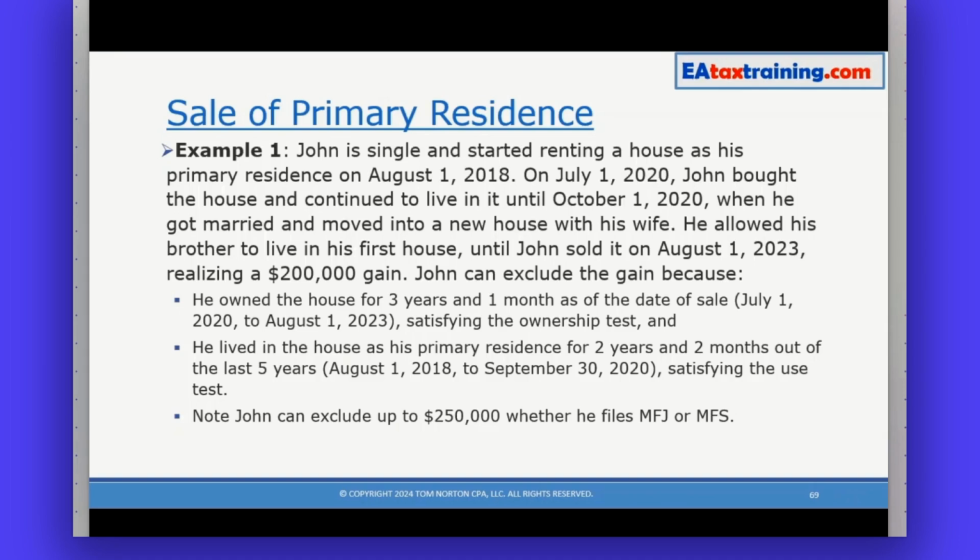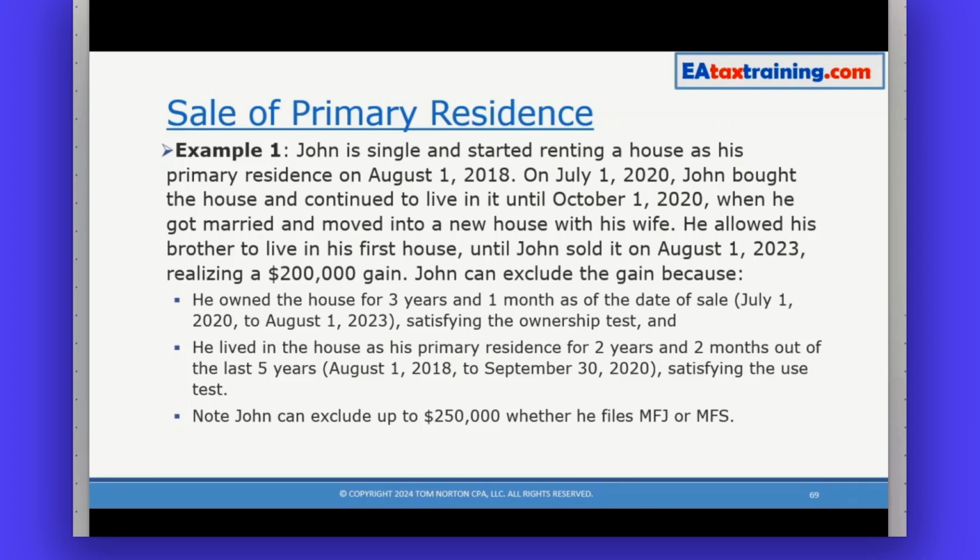All that matters is that he lived in it as his primary residence for at least 2 years out of the last 5 years. So this is why those two tests, the ownership test and the use test, don't have to be the identical periods of time, because you may have lived in that house before or after you owned the house.